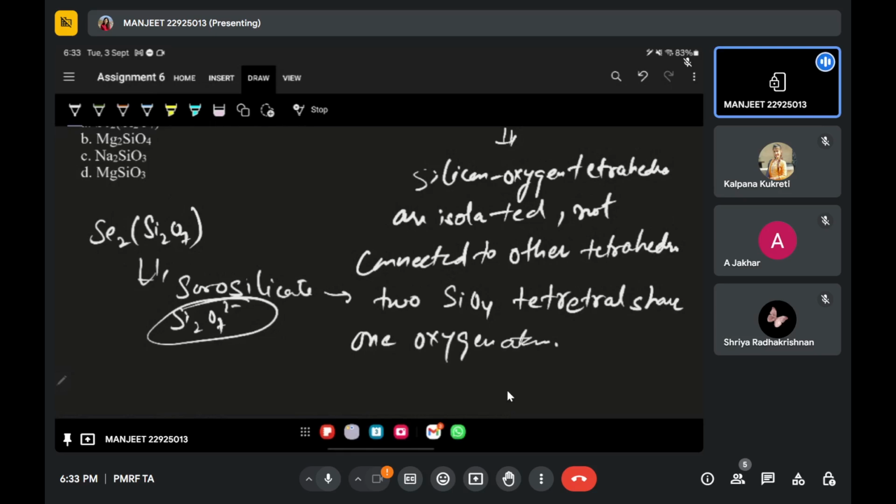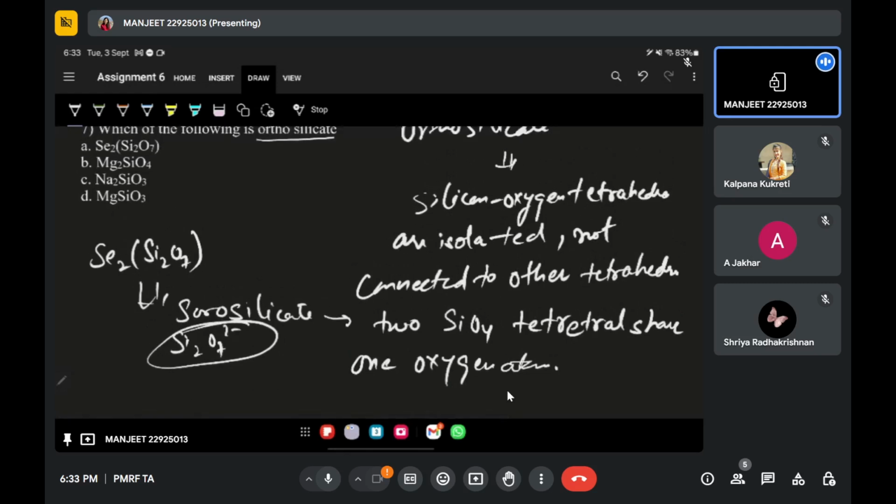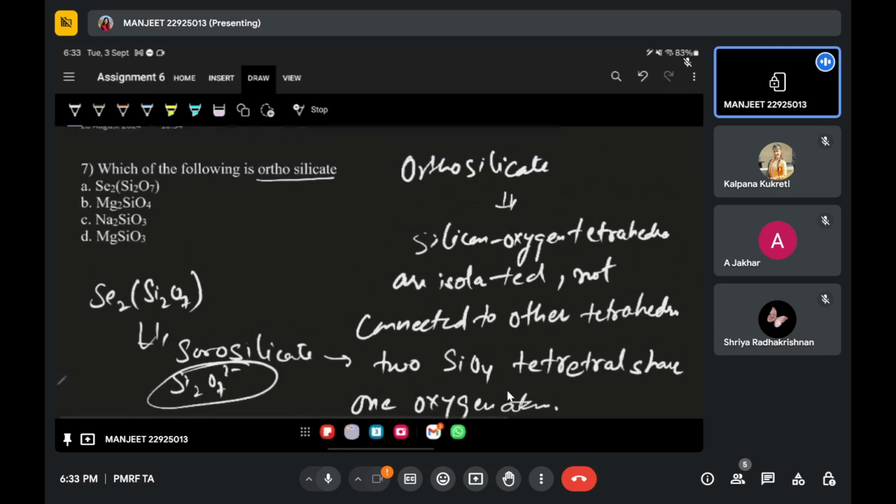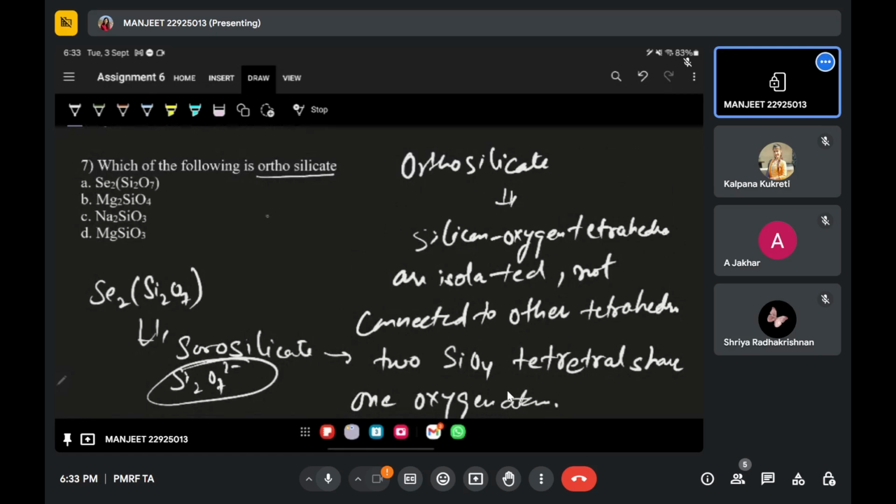Next one is the Mg2SiO4. This is the orthosilicate, where your silicon is in isolated SiO4 4 negative units, and Mg is just the cation in that unit. So this Mg2SiO4 is your orthosilicate.